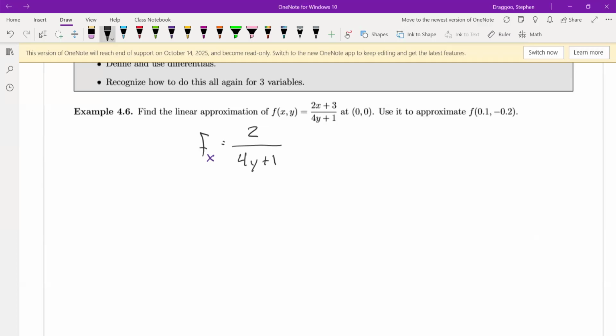My denominator is just going to be treated as a constant. I can then plug in my point, which is 0, 0. Be plugging in the nice point. So f of 0, 0. And it looks like I get 2 over 1, which is just 2.